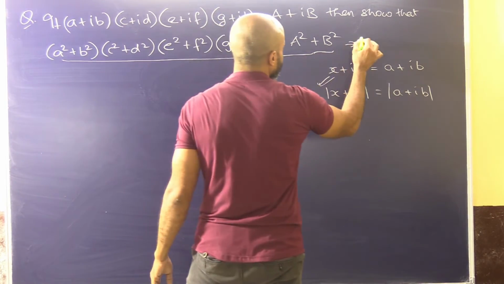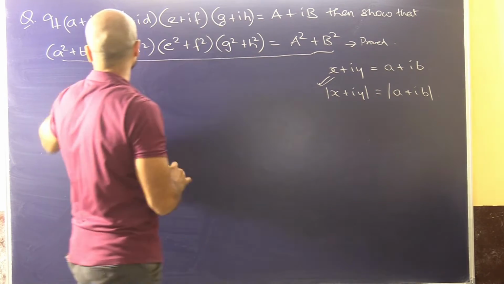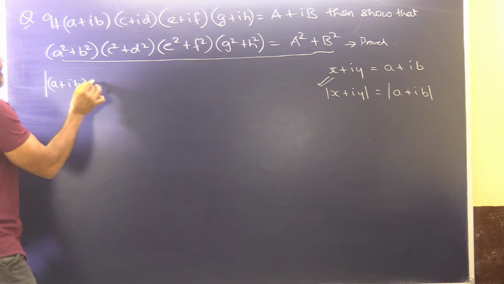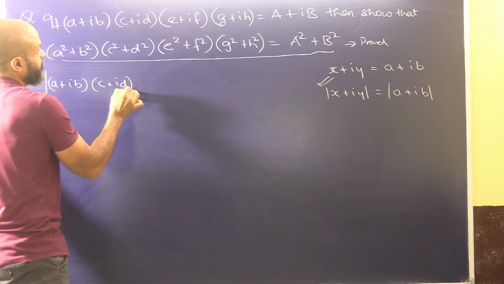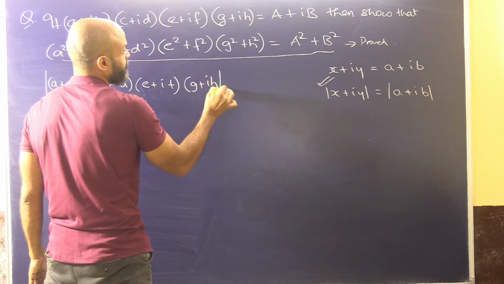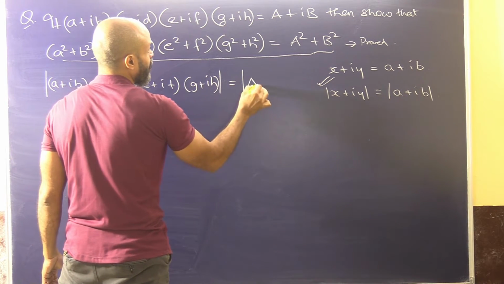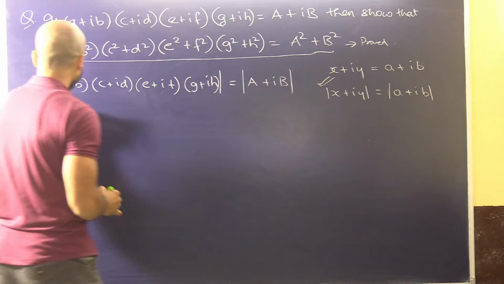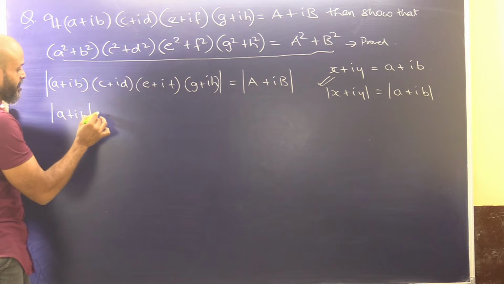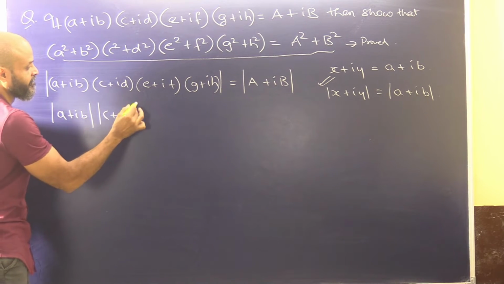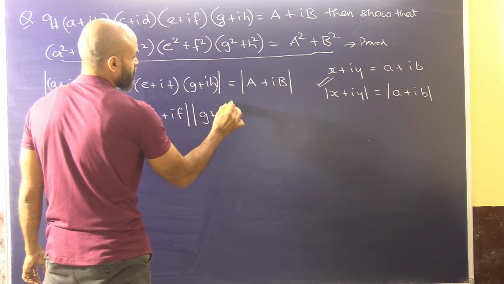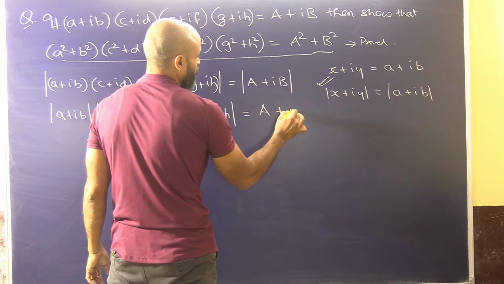So we can say, along the same lines, that the mod of a plus ib into c plus id into e plus if into g plus ih, this entire mod, should be equal to mod of a plus ib separately, mod of c plus id, mod of e plus if, mod of g plus ih.